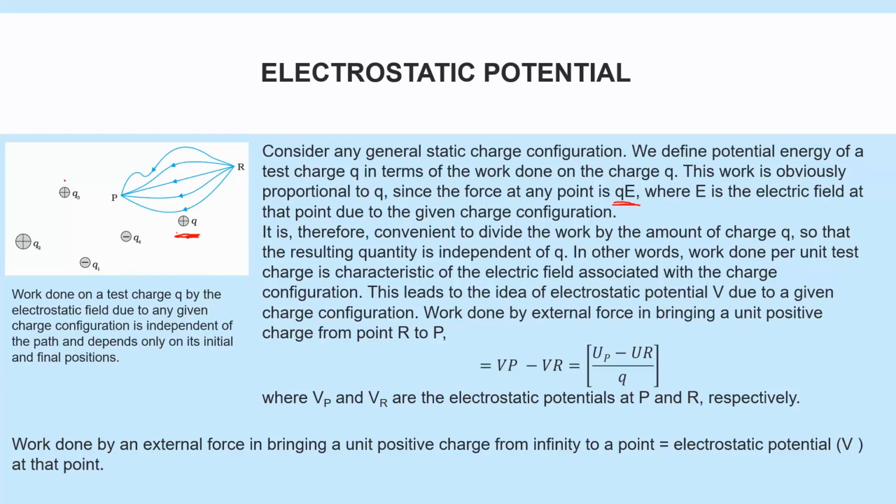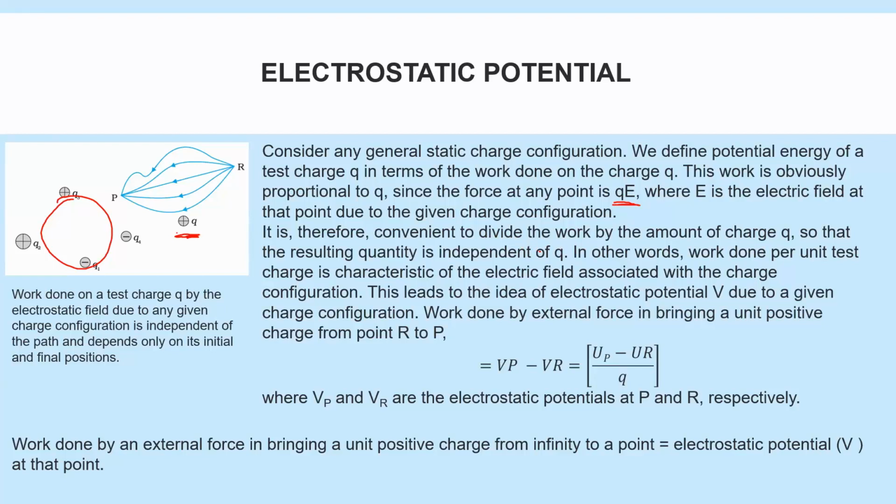Your charge configuration has Q1, different charges that are present, so the electric field is going to be due to this system of charges. And so the force at any point is going to be the magnitude of the charge, that is Q, and E, the electric field.